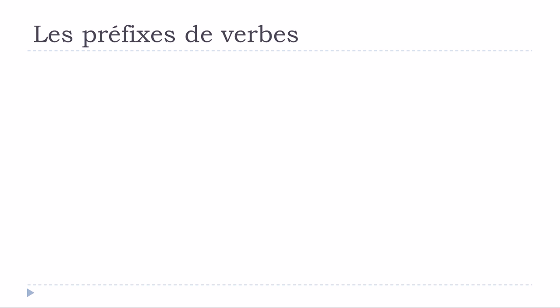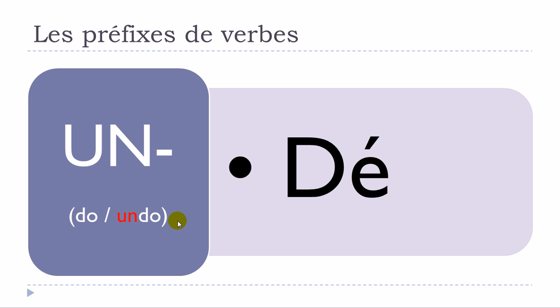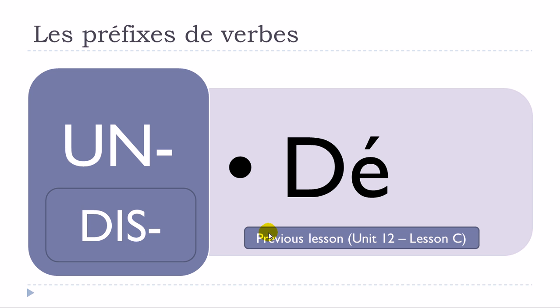Okay, so actually I've been having many questions from students regarding the translation of this un prefix in English. Like when you get do and undo, or this, because it could be this as well for some verbs. And we saw in the previous lesson that the first prefix that we should use is de.